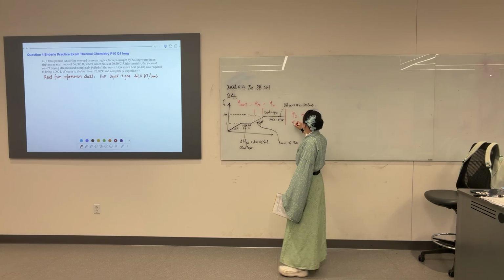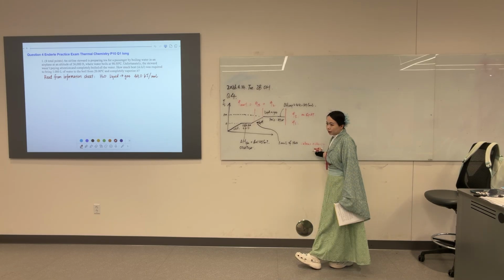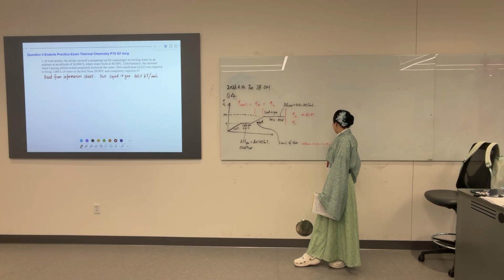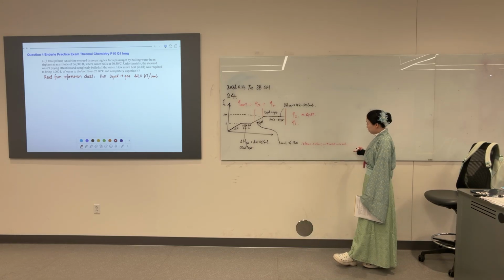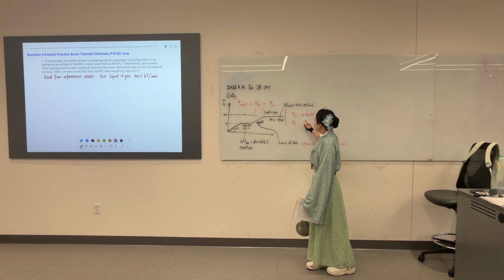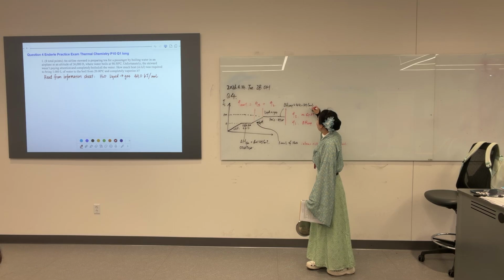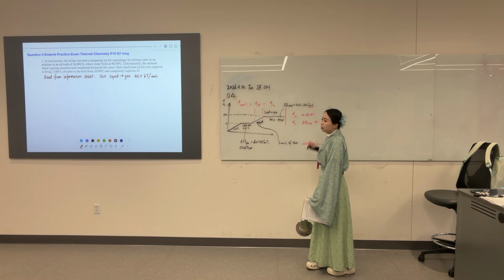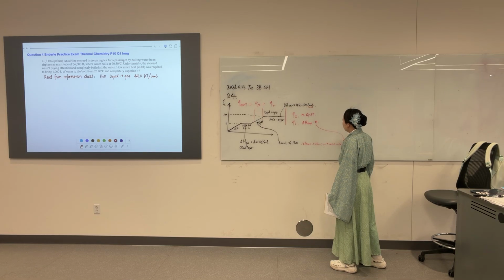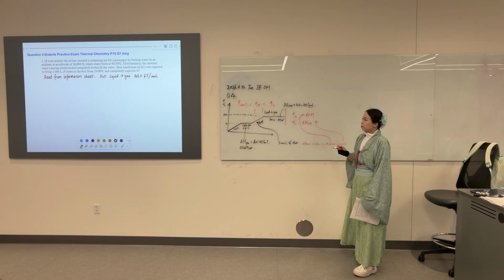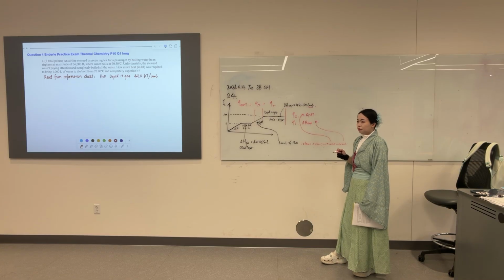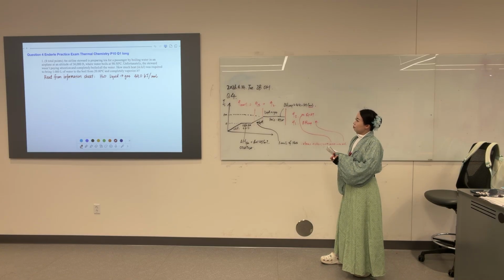For Q2, after you get the mass, you'll get to moles as long as you have the molar mass. Once you get to moles, what do we have here? Delta H vaporization, this one is per mole, times the number of moles, n from the mass here. And you add these two up. That's it. I'll let you do it. Cool?